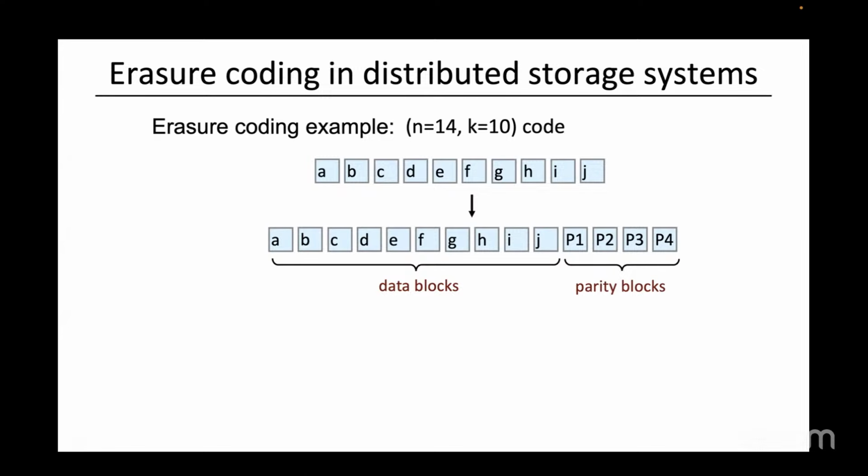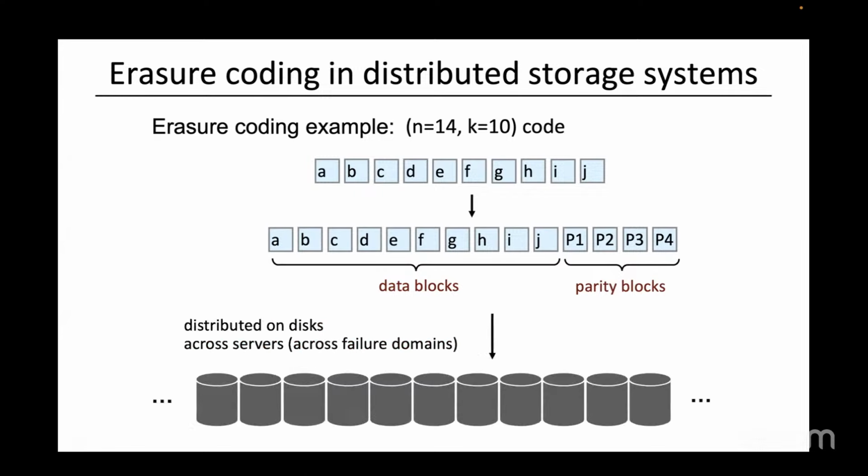Some systems call them chunks, some systems call them blocks. We can use them interchangeably. So you have 10 data blocks and 4 parity blocks. After encoding, these 14 blocks are stored on different disk drives, often chosen from different failure domains, that is, different racks, different power supplies, and so on.